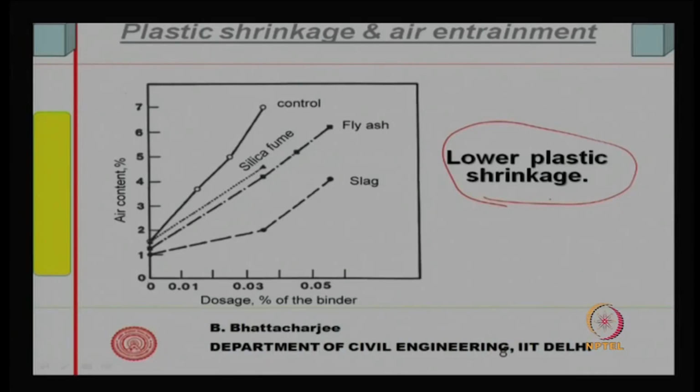Now, air entrainment, if you look at it, is done in order to improve frost resistance, where freezing and thawing is a problem, for example, in cold climates. So, you would like to have higher air entrainment, and we generally add an air entraining agent, which I have mentioned earlier, that actually changes the surface tension of the water in the paste, and thereby makes it easy for bubbles to form.